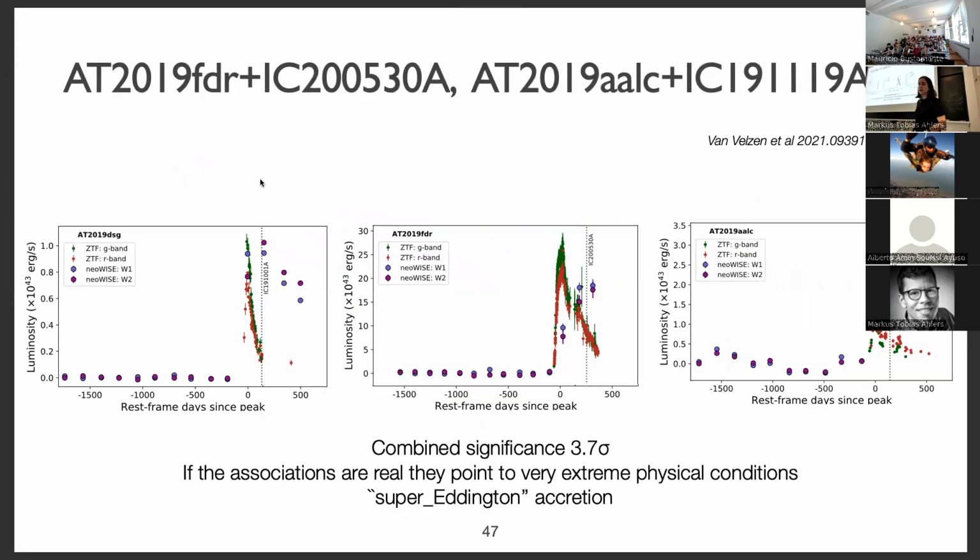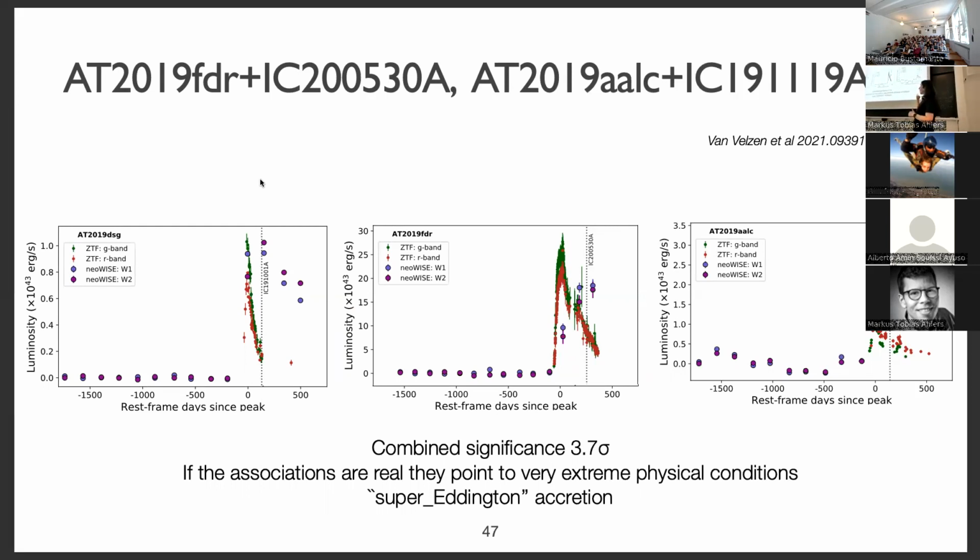And then a few months later, there was a second event. Also, the neutrino came within 200 days of the beginning of the tidal disruption process.